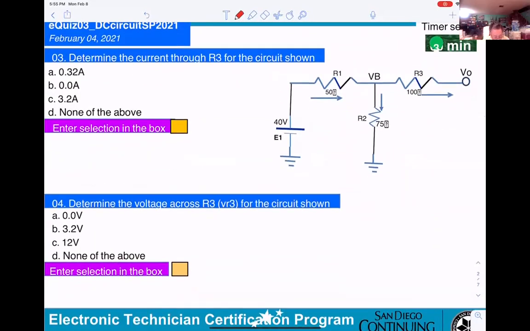Okay, now what they want is the current through R3. We already told you, open circuit. I3 is 0 amp. So the answer will be B.